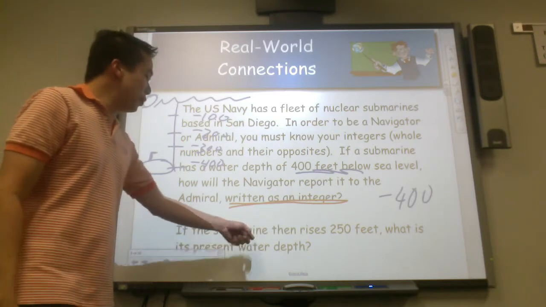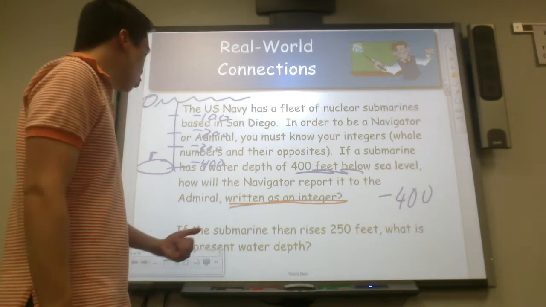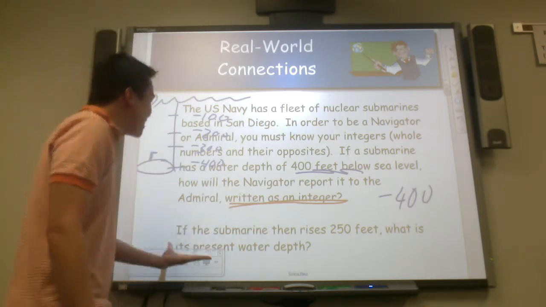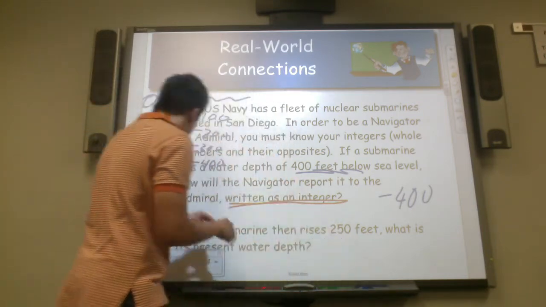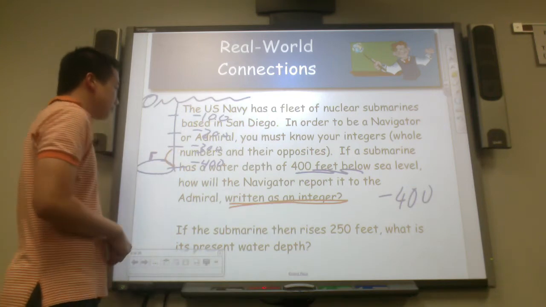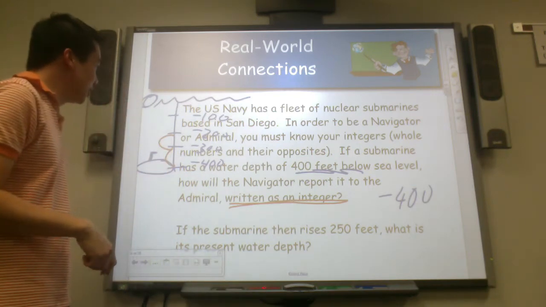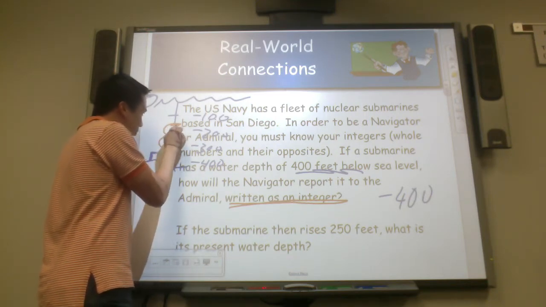However, if the submarine then rises 250 feet, what is its present water depth? So it rises 250 feet. It rises 100, another 100, which is 200, then it rises 50 right here.